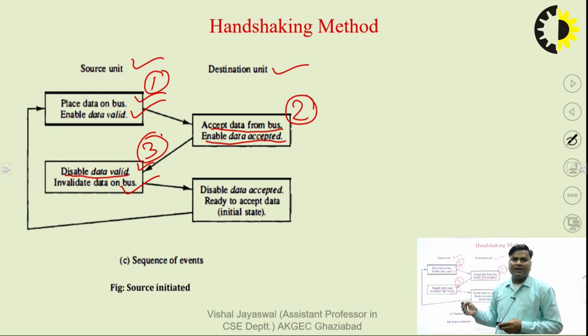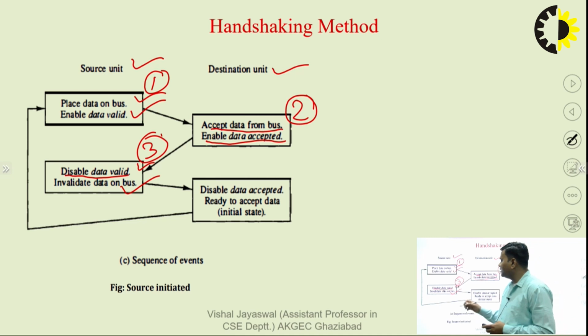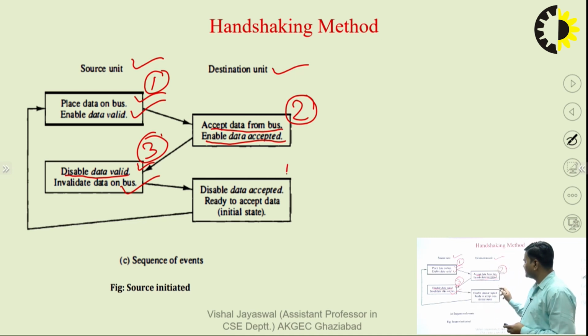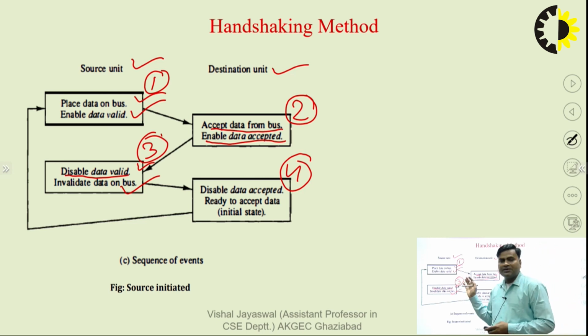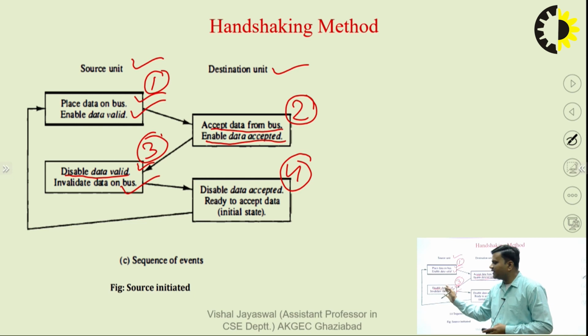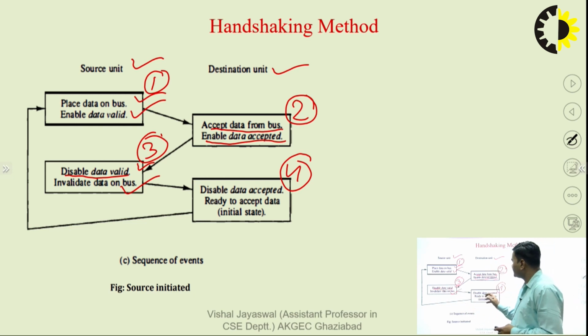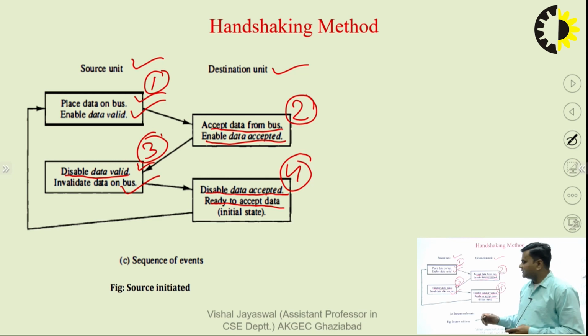If the data valid line is disabled, then we can say that data on the bus is invalidated. Then the fourth step is this: if the destination sees that the source disabled the data valid line, then the destination can disable its data accepted line and is ready to accept data. This is the initial state of this method.